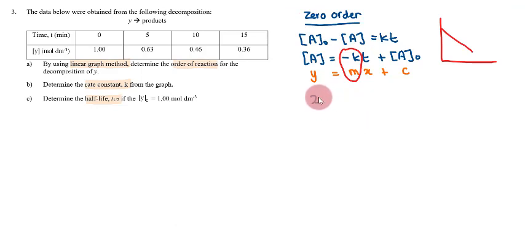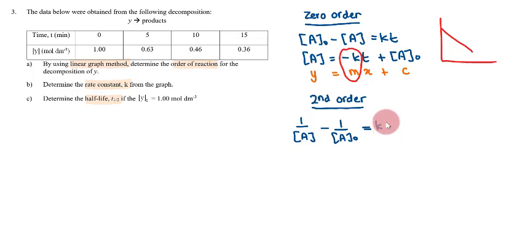So, before we plot our linear graph, kita tengok dulu untuk second order reaction, apa dia punya integrated rate equation? So, untuk second order, integrated rate equation dia adalah 1 over concentration of A minus 1 over concentration of A naught equals to kt. So, sama macam zero order tadi, kita try to rearrange so that 1 over concentration of A jadi Y axis.